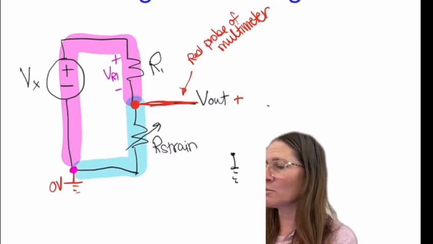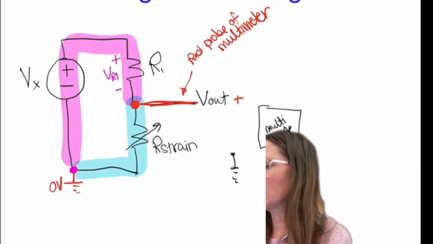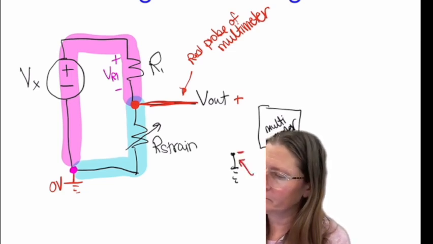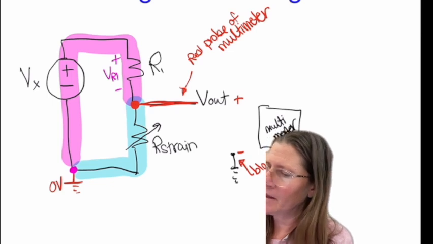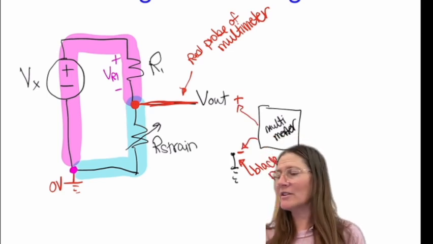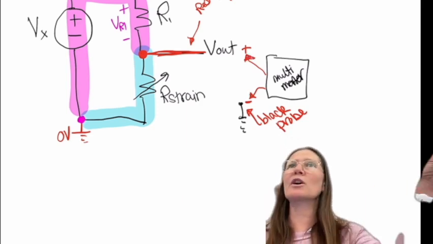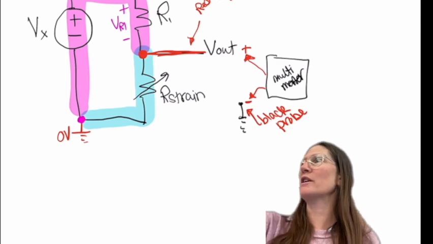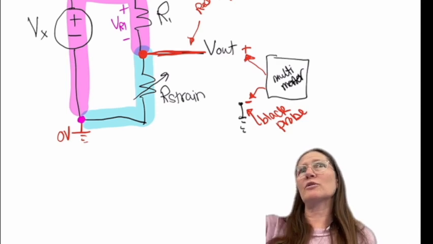So there's going to be your multimeter here, and you're going to put your black probe on ground. You're not going to see this multimeter being drawn in the circuits. What you're going to need to know is anywhere I see a dot with a label, that means that I have put that red probe on there and I'm measuring it in comparison to ground. So physically that's what's happening.